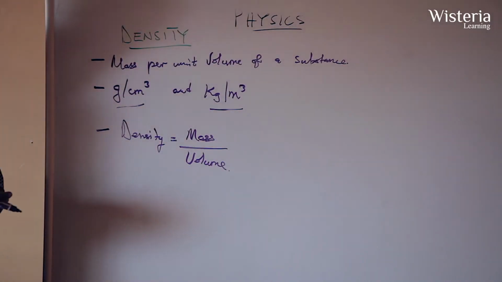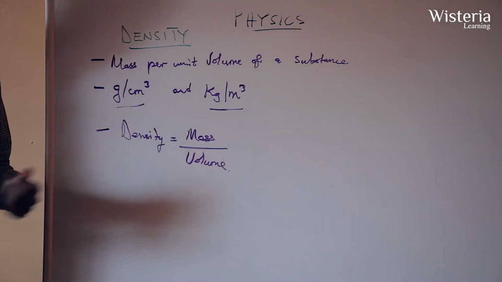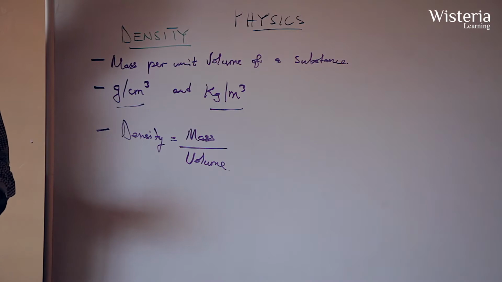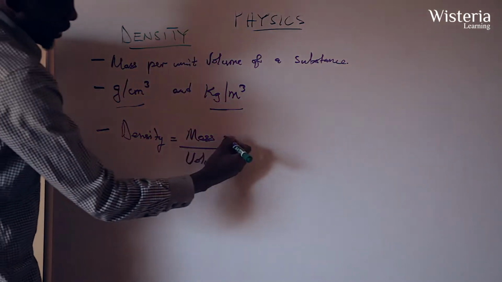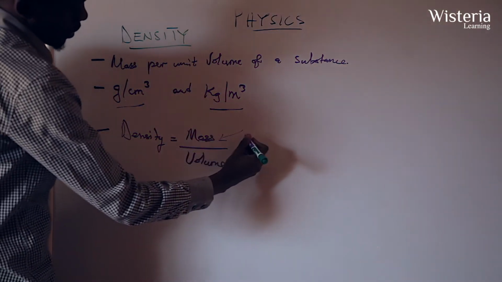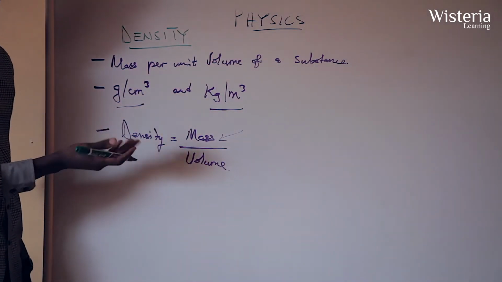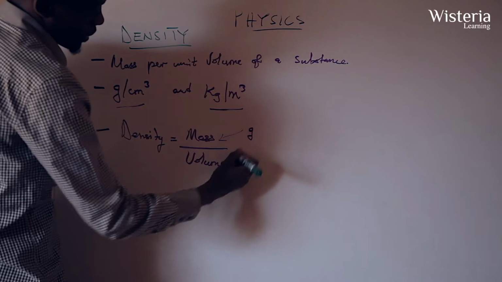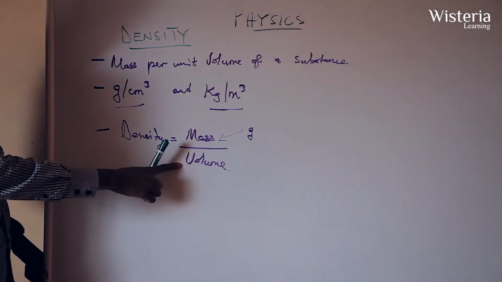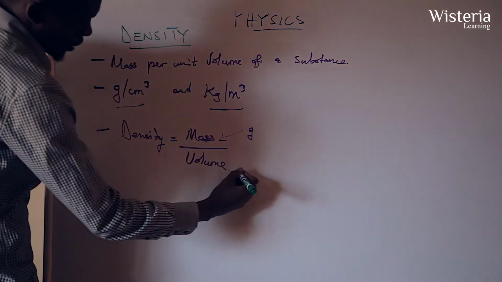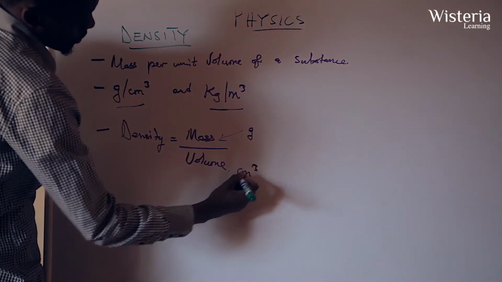so our formula is actually density is equal to the mass of that substance divided by the volume of the same substance. So we can have a situation where the mass of the substance we are determining the density for is in grams, and the volume is in cubic centimeters.